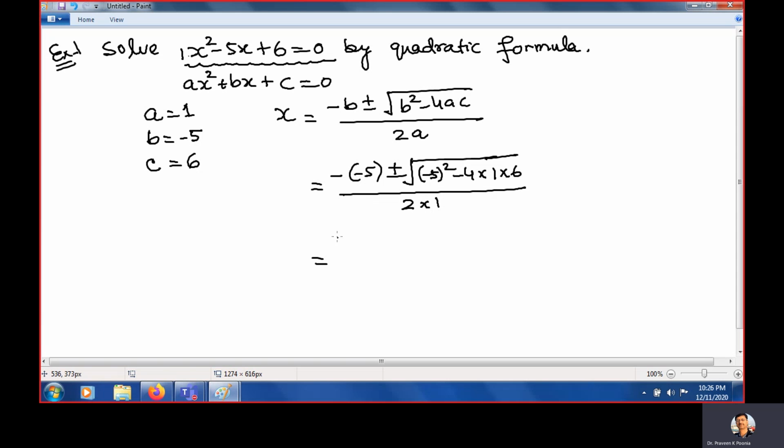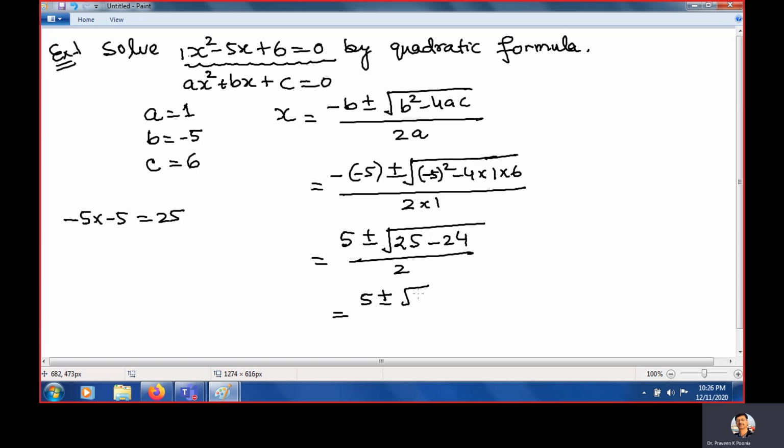Minus minus plus 5, plus minus square root of minus 5 power 2 is 25, because minus 5 into minus 5, minus minus plus, 5 times 5 is 25. Now minus 4 times 1 times 6 is 24, upon 2 times 1 is 2. So it is 5 plus minus square root of 25 minus 24, which is 1.